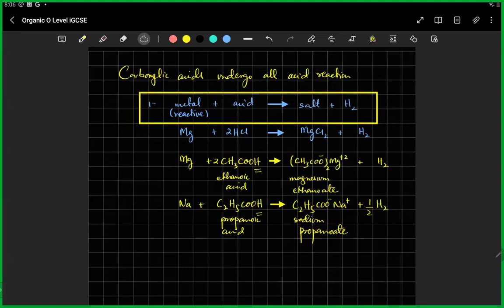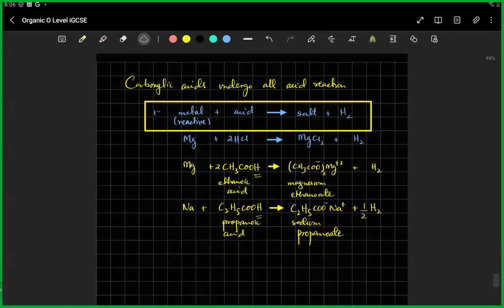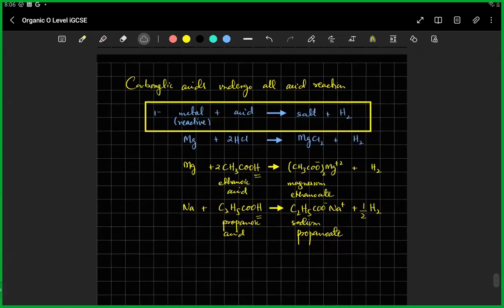Metal plus acid produces salt plus H2. So there are 4 more reactions of acids. There's metal oxide, metal hydroxide plus acid. There's carbonate plus acid as well.